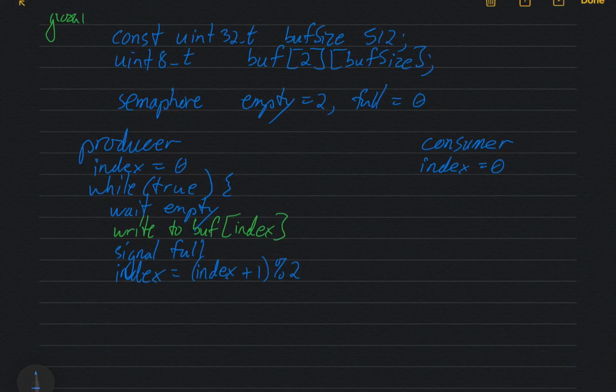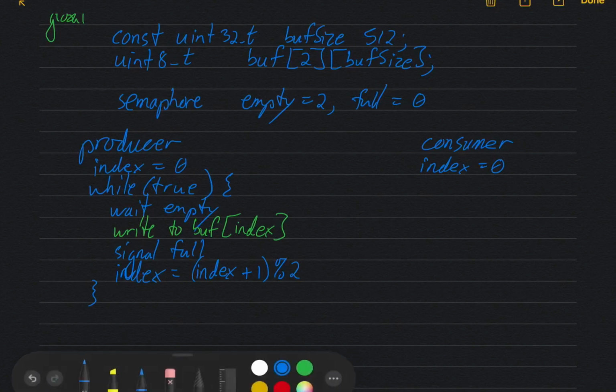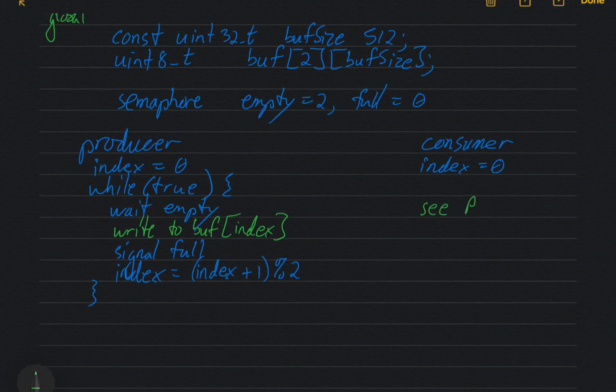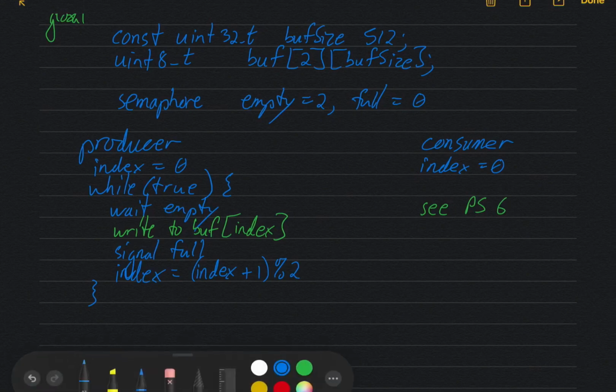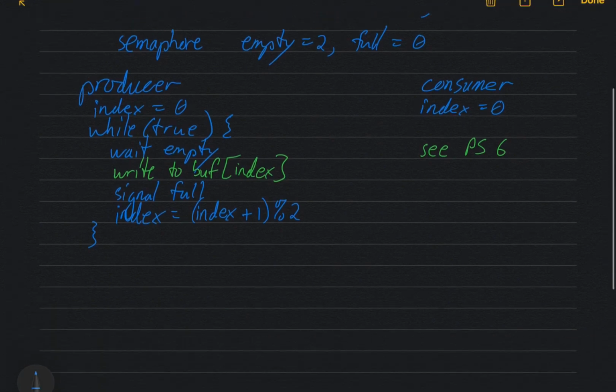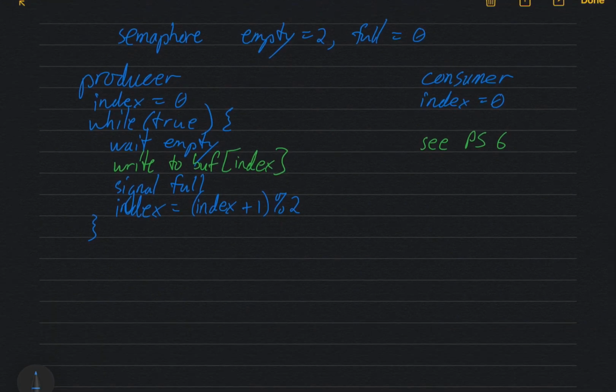But this will generalize better when we move to n buffers instead of just 2 of them. There, so that's the producer. And for the consumer, I'm just going to say C problem set 6. Problem set 6.